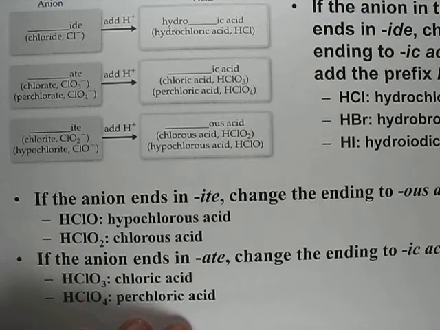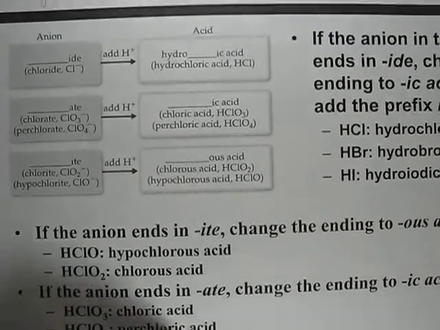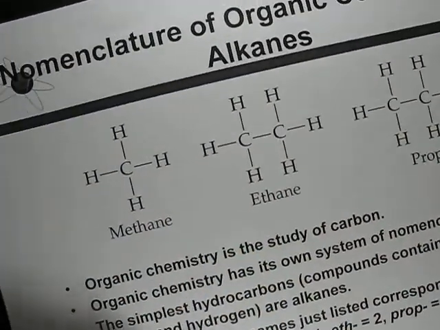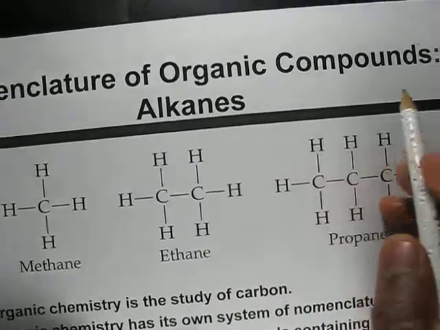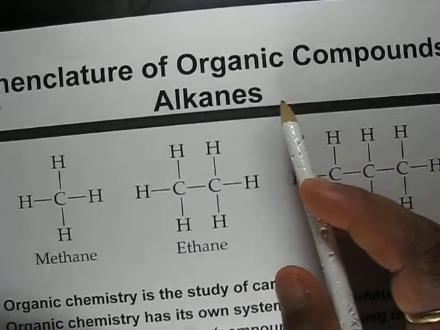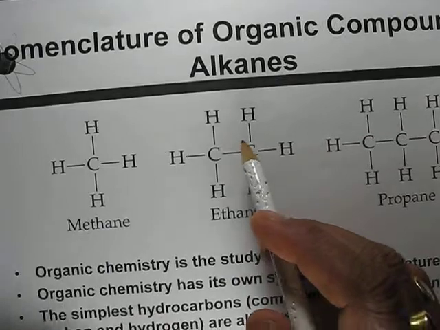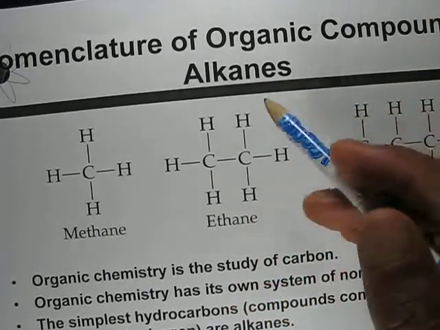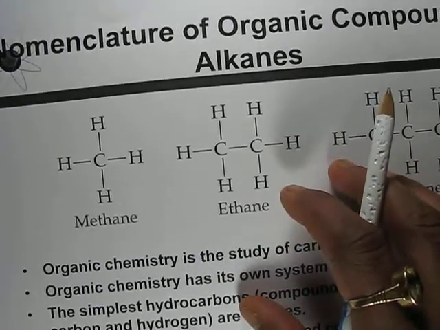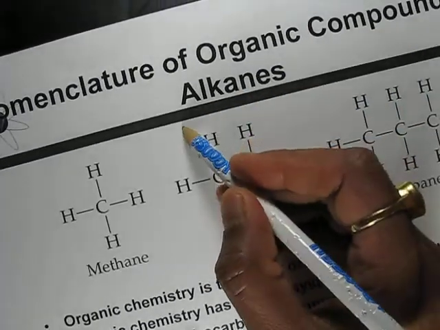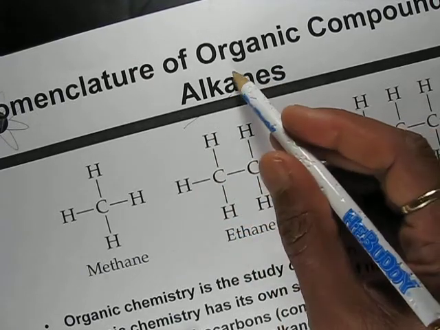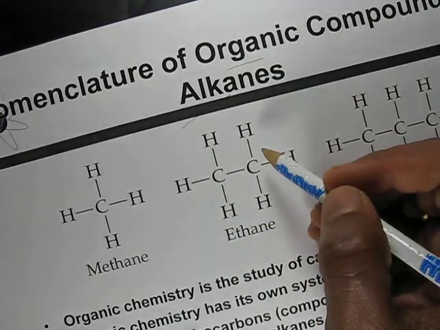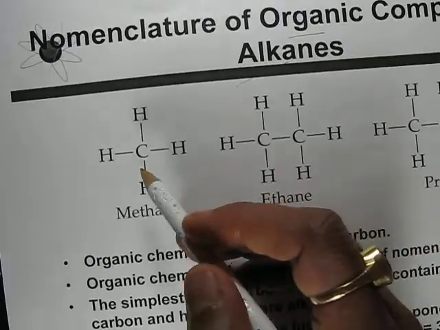Now we will see a few examples of naming of organic compounds. The first example is an alkane. Alkane is a group name, not the name of one compound. Alk is a prefix, and ane is the suffix.